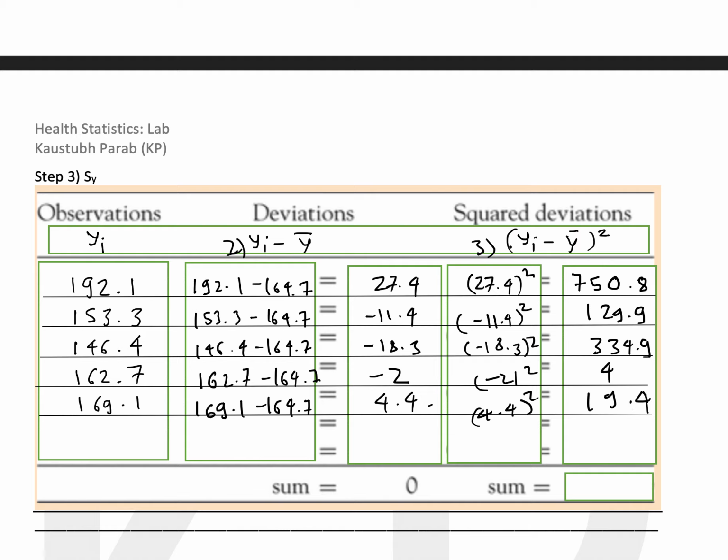Make sure before proceeding to step 3, you just confirm this sum as close to 0. That is confirmatory that there is no error prior. In the fourth step, you just sum these numbers to get the sum of squared deviation.